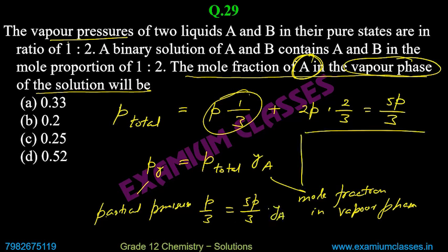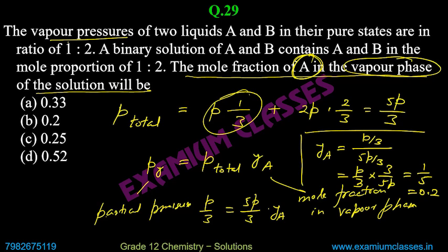So YA from here you got P by 3 divided by 5P by 3. That is P by 3 into 3 by 5P. That is 1 by 5. 1 by 5 means 0.2. B is the correct answer.